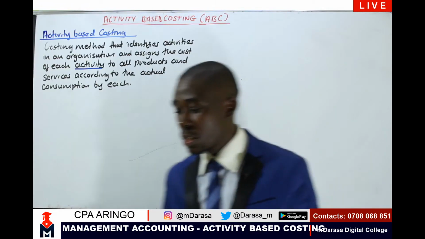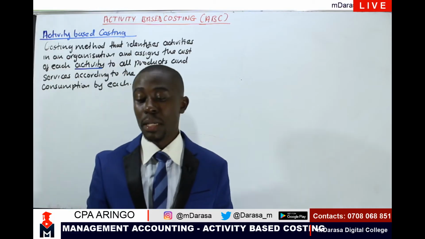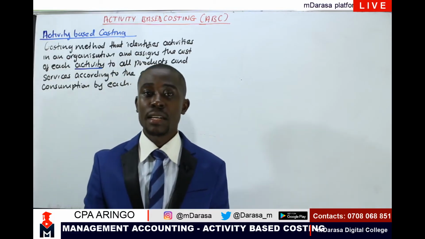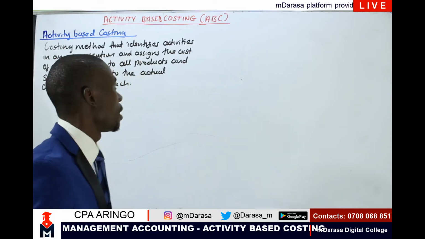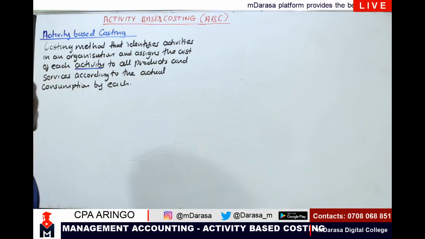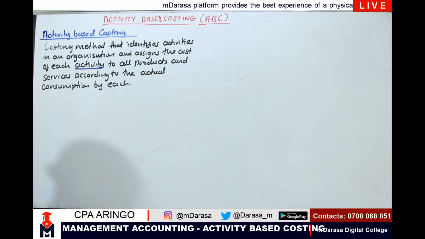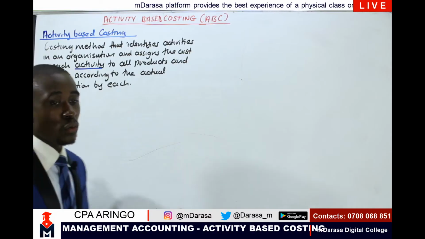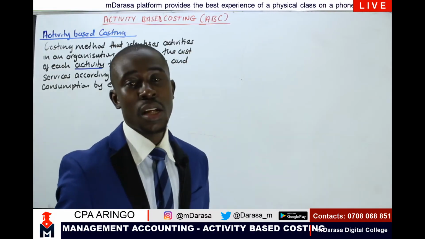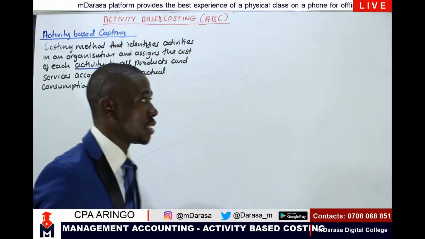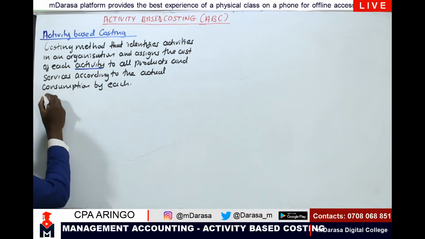So after we've understood the concept of ABC costing, there are some key elements that we should always be able to identify whenever I'm dealing with activity-based costing. So at this point, we've talked of identifying the activity. And what will be the basis of identifying this activity? The basis of identifying this activity, we are going to term it as cost drivers.